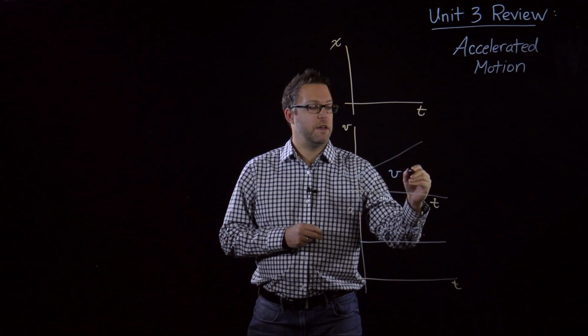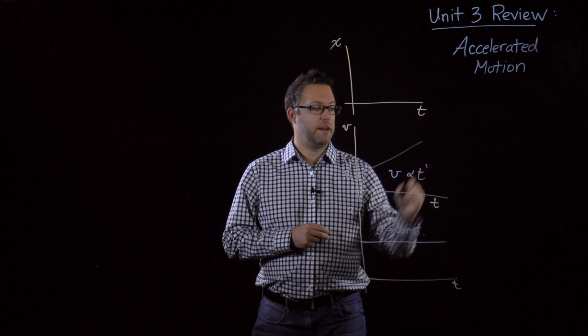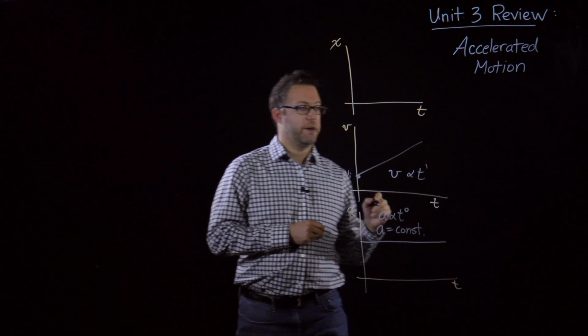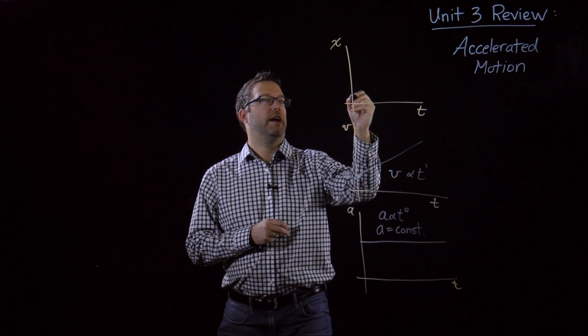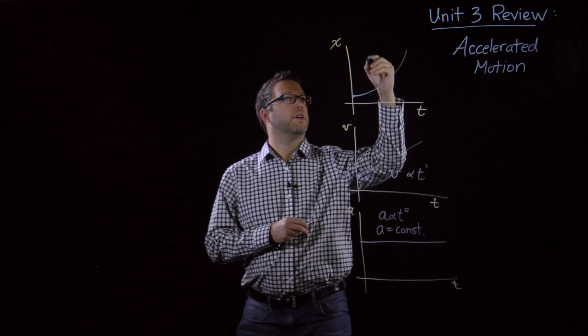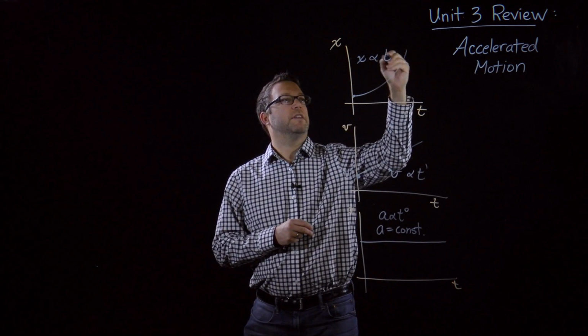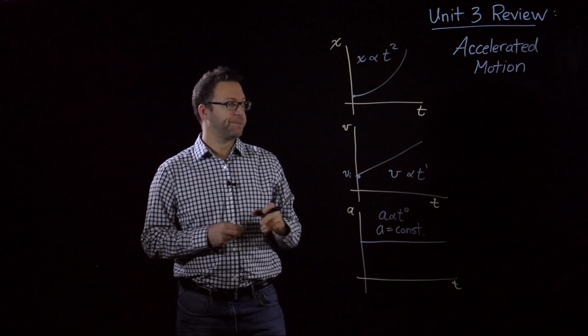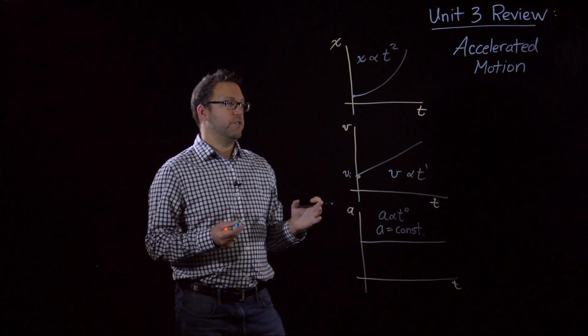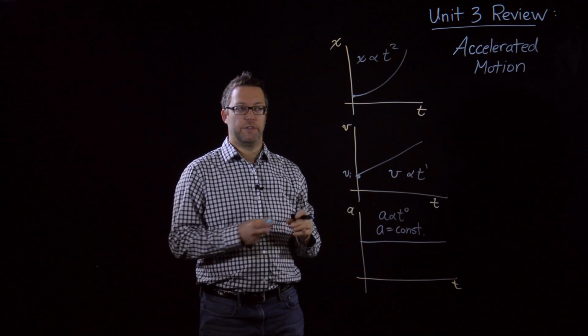So in other words, v will be proportional to t to the first power. Here a is proportional to t to the 0 power. And so that means that our x versus t graph is going to be something like this, where x is proportional to t squared.